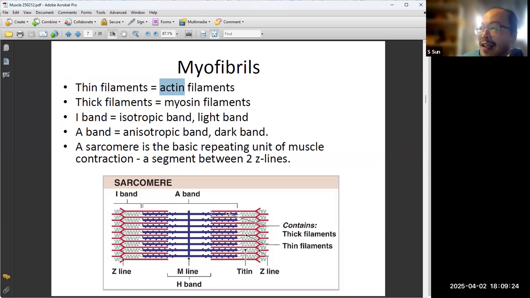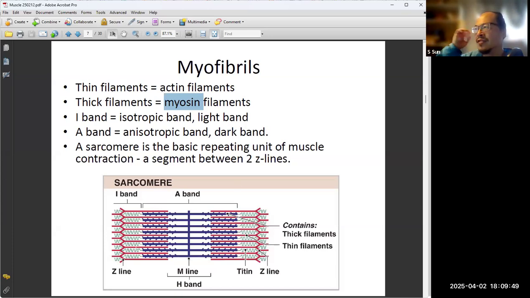Thick filaments are formed by another element called myosin. This myosin has a sticky part. It is going to attach to the thin filament to do the movement. So just keep that in mind. We will talk about that later. And here is the A band, and that is the I band.